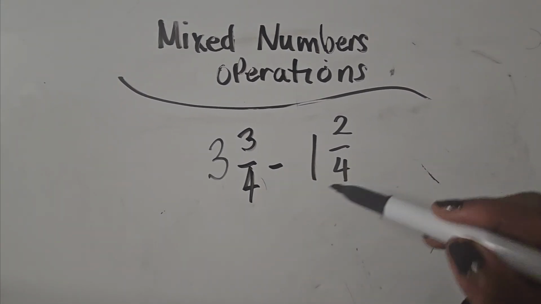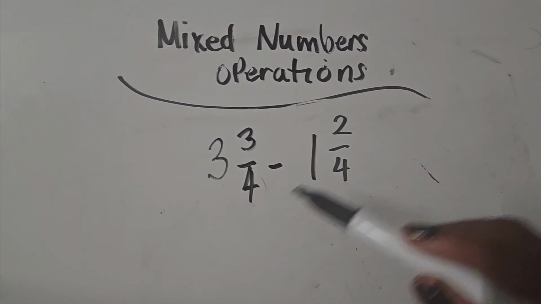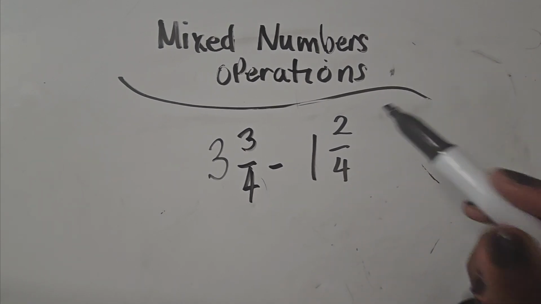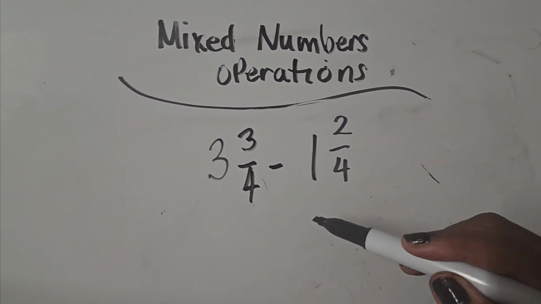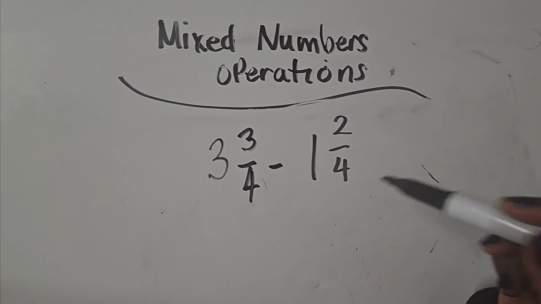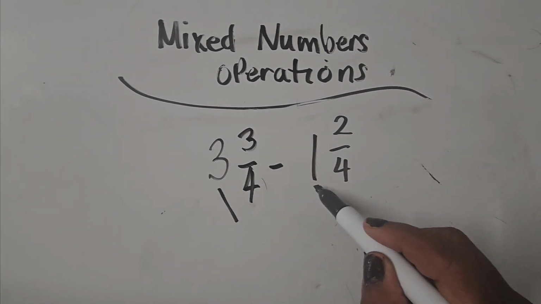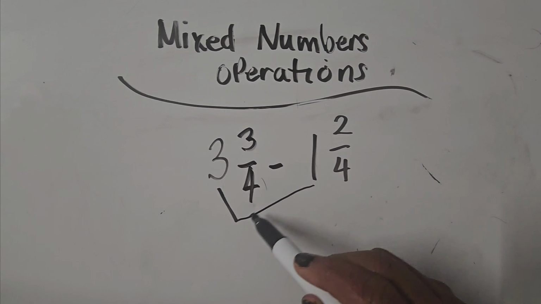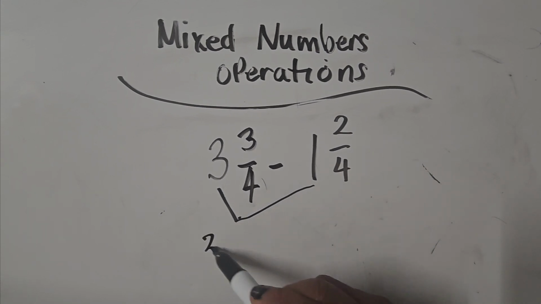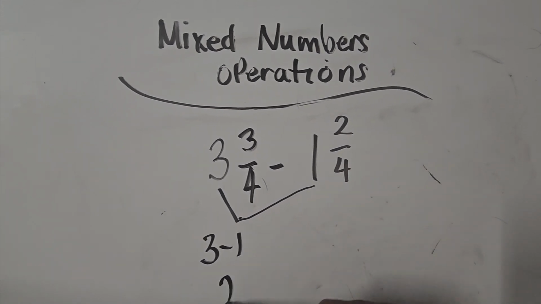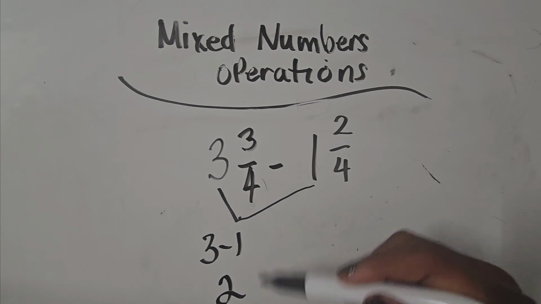These are called like fractions because they have the same denominator. But you don't always get them in the case of the same denominator. So we're going to try one with the same, one without. So let's do it. Again, I'm drawing arrows to show you the 3 and the 1 get pulled to the side. So 3 take away 1 is 2. So we have 2 ready and waiting.